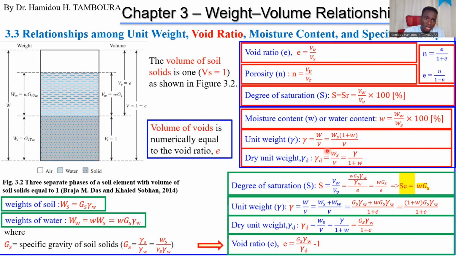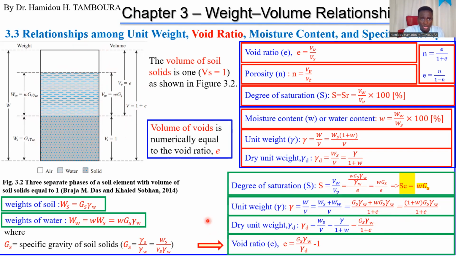Just give 1 to the volume of the solid, and from this, you can establish all the rest. And after establishing this, you can derive this equation, this relationship, very easily. That is my advice.